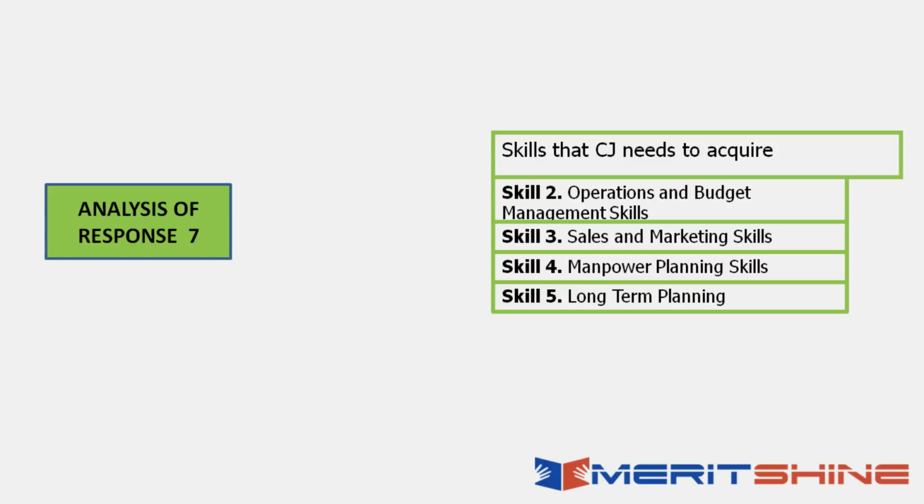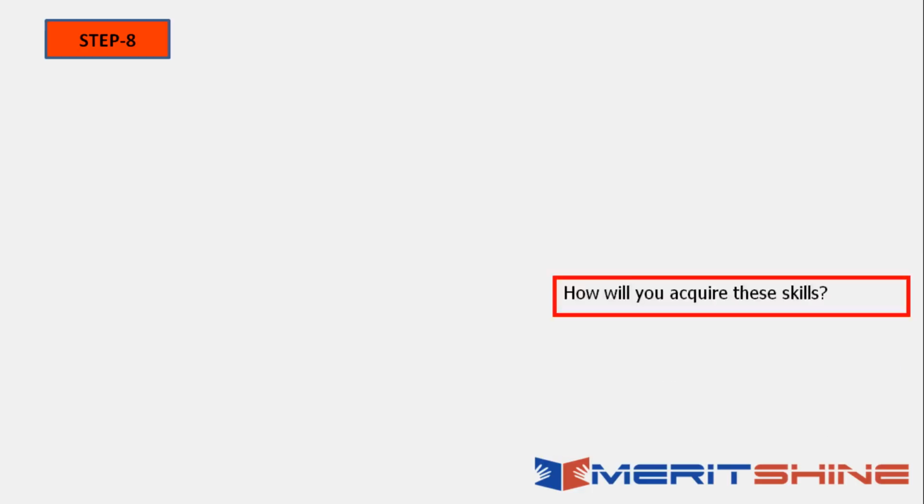So you see, what we are essentially doing, I am enjoying it, we are essentially helping CJ predict how she should move forward to realize her goal, right? This is the skill gap of CJ. Now we will move forward to step 8, the last task.